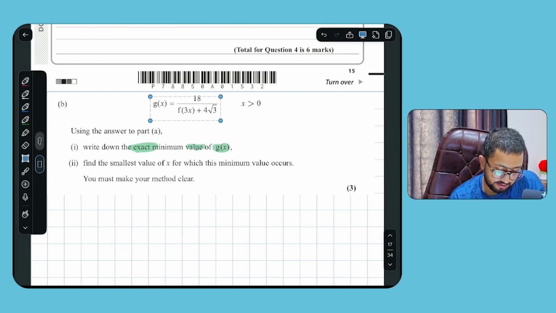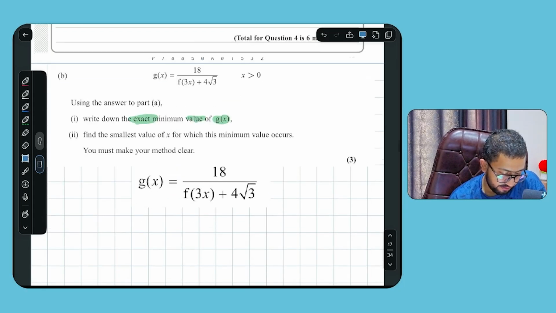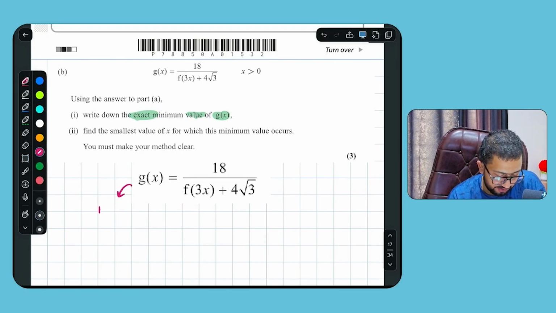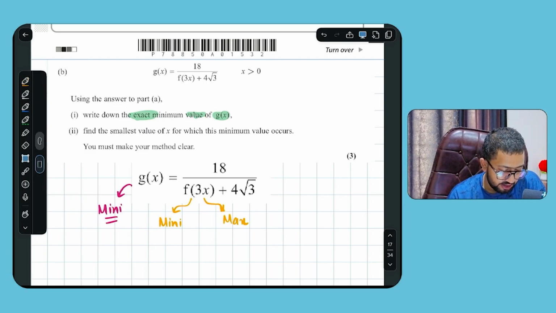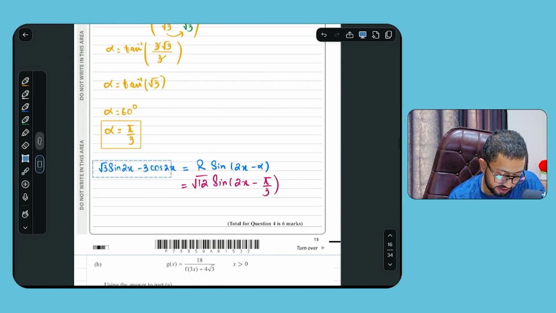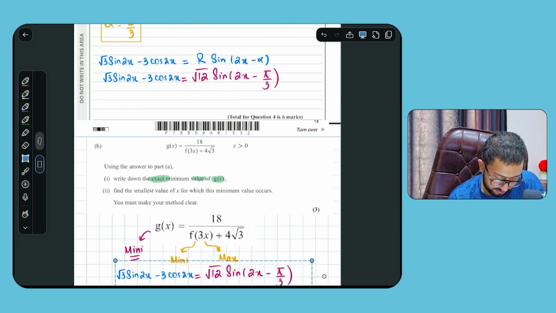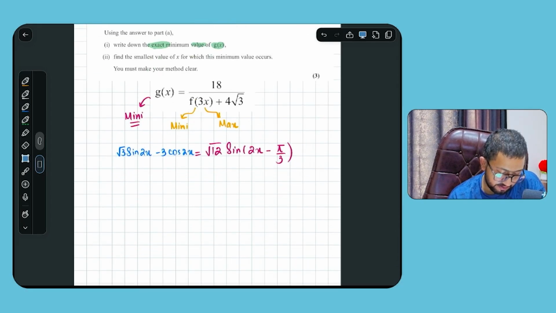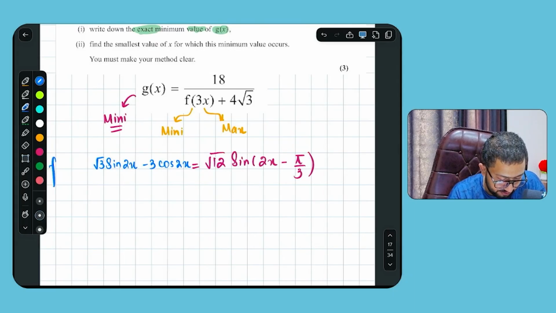Yes, bacha, I hope everyone knows how to figure out the minimum value. So if you want to find the minimum value of g of x, then you have to figure out the minimum and maximum value of f of 3x. So we know what is our f(x) function? That is our f(x) function. But I want to talk about f of 3x.